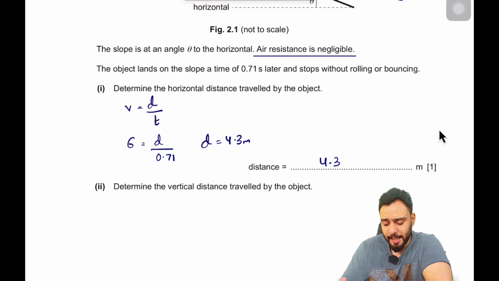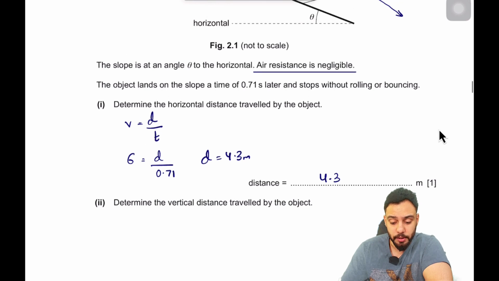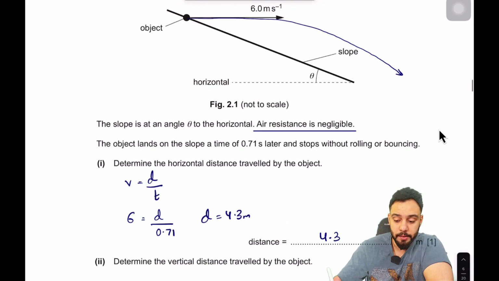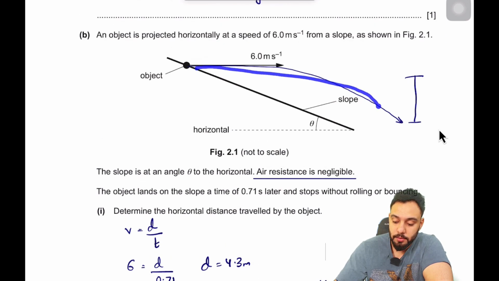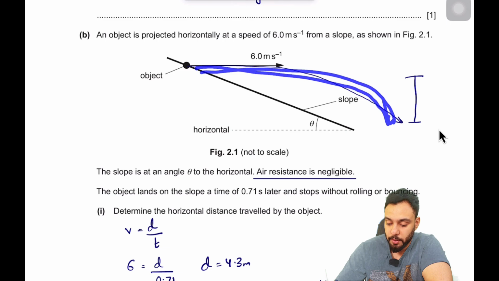Okay. Second part, they're saying that determine the vertical distance traveled by the object. So if you're required to calculate the vertical distance, that means how much distance down the object has traveled in the specific amount of time.